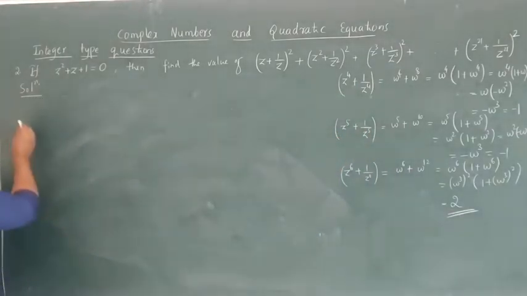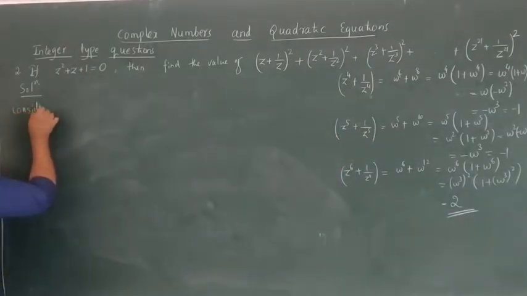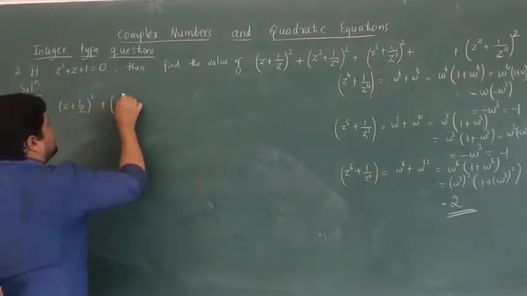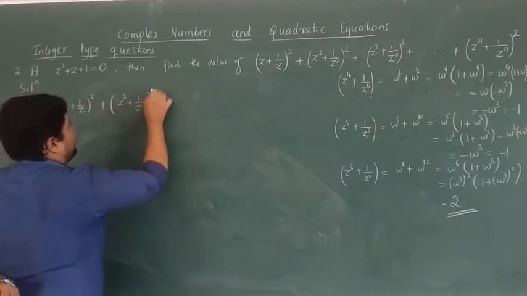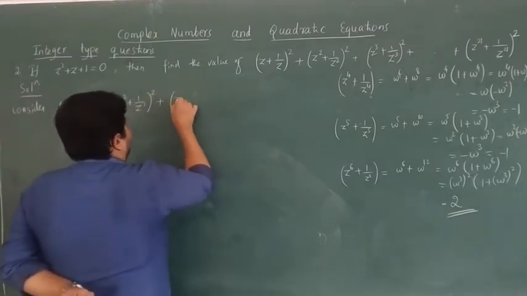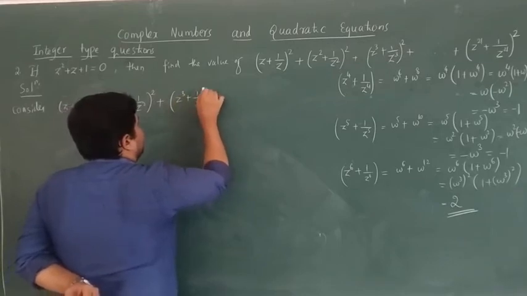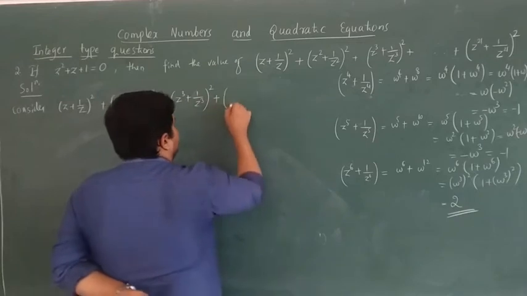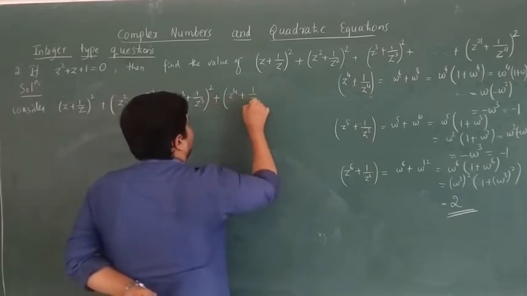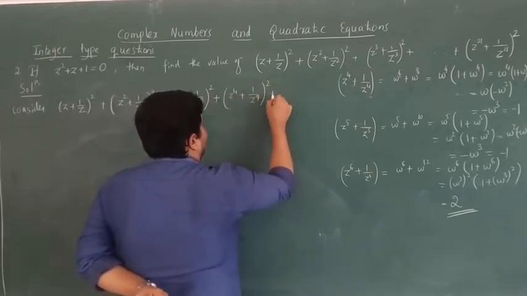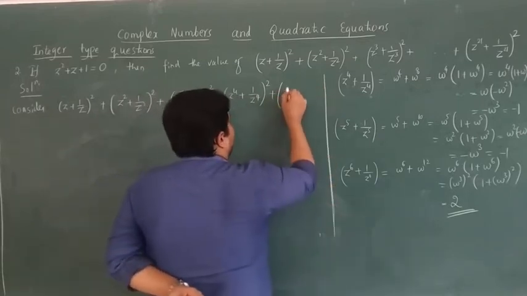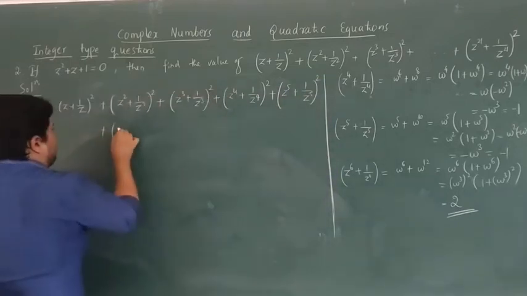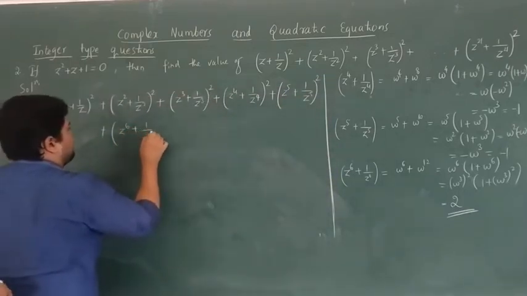Consider z plus 1 divided by z whole square plus z square plus 1 divided by z square whole square plus z cube plus 1 divided by z cube whole square, plus the other 3 terms, that is z power 4 plus 1 divided by z power 4 whole square plus z power 5 plus 1 divided by z power 5 whole square plus z power 6 plus 1 divided by z power 6 whole square, and so on.